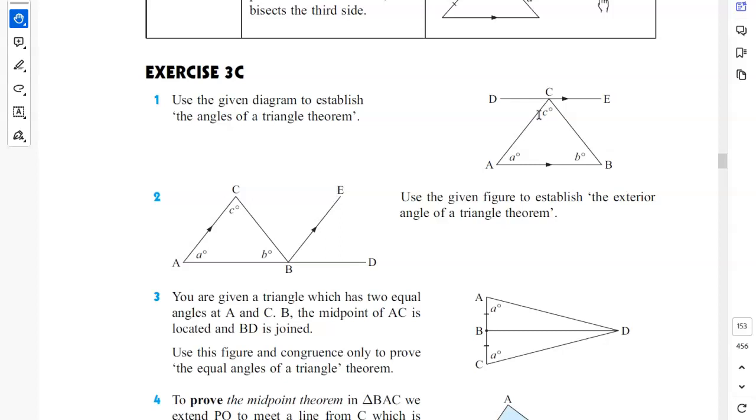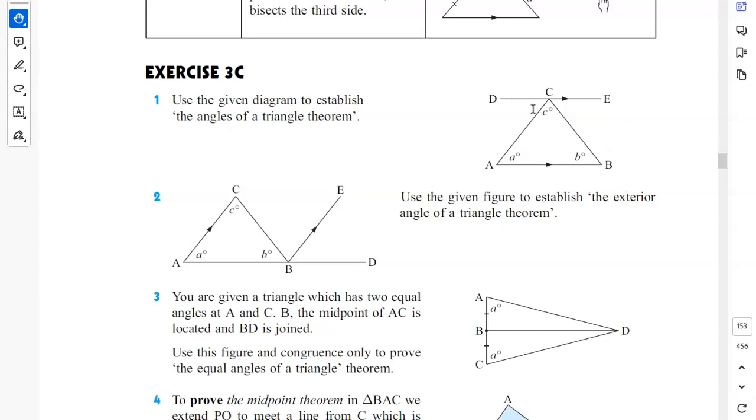You suss that the lines are parallel, and so this angle here has to be what? B, because they are alternate. And this angle has to be C because they are alternate. And what do we know about the angles in a straight line? Adds up to 180 degrees. So A plus B plus C adds up to 180. Bang, you've proved that A plus B plus C add up to 180. It is beautiful, isn't it?